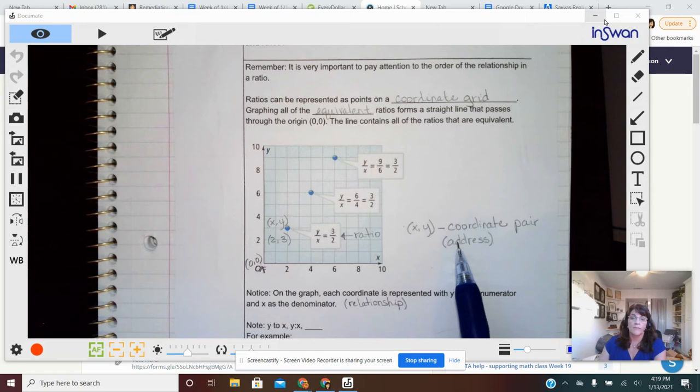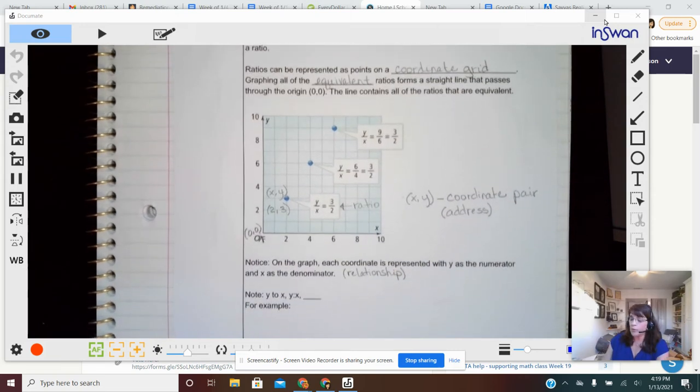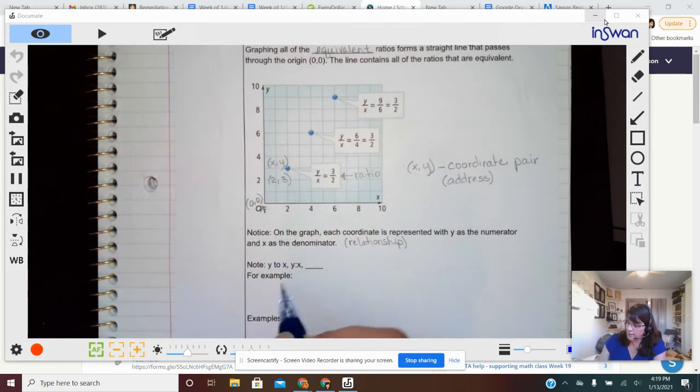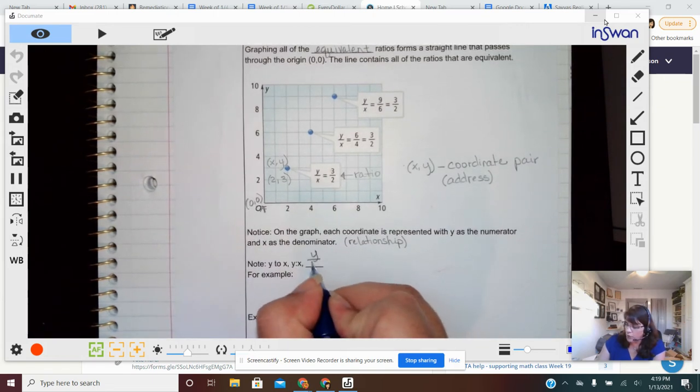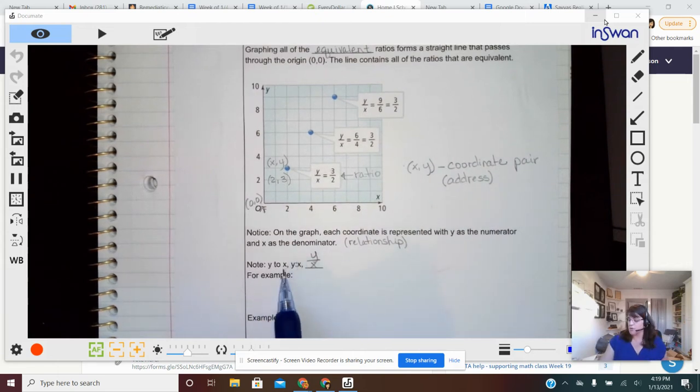Where is it located? So when we write a ratio, we write it y to x, y colon x, or y over x. So all those ratios that we've been writing, that should be how we show the relationship.